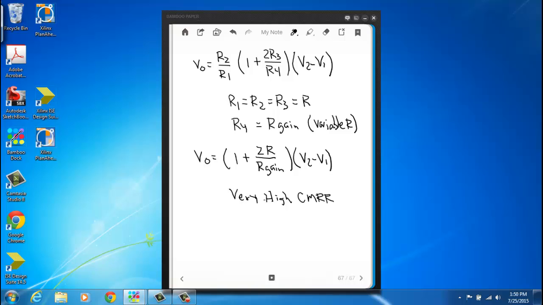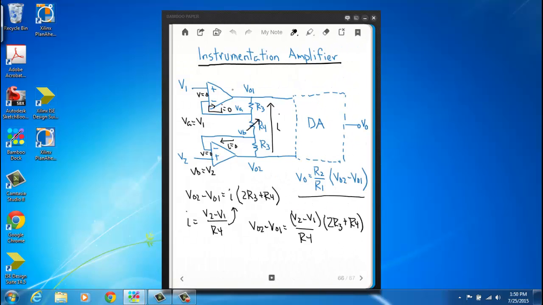So by putting a couple of op-amp amplifiers that are sort of like non-inverting amplifiers before the difference amplifier, you actually improve your common mode rejection ratio. These op-amps are amplifying the signals themselves, V1 and V2, before the difference amplifier amplifies the difference of the two signals. So this is sort of like pre-amplification before the main amplification takes place.